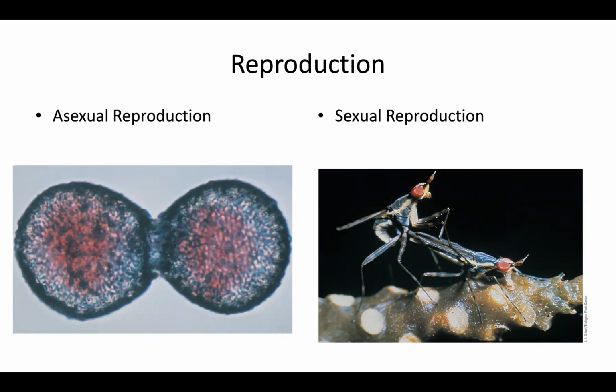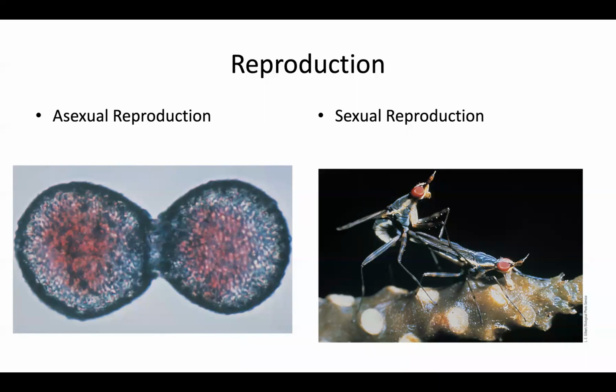But sexual reproduction is a complex form of reproduction. It requires two individuals and it can come with problems, right? It doesn't always happen with fidelity. And so there are advantages and disadvantages to each of these methods of reproduction.